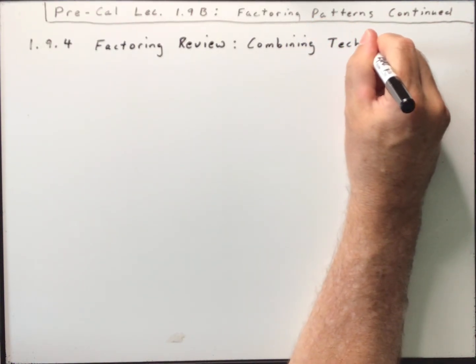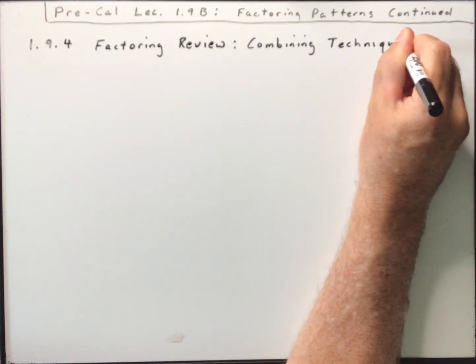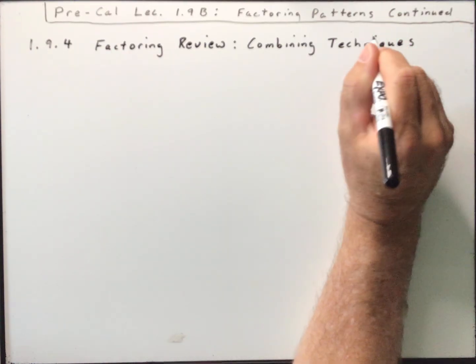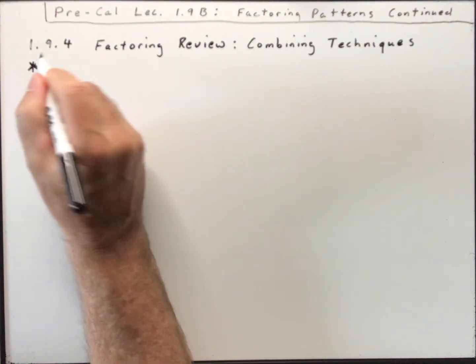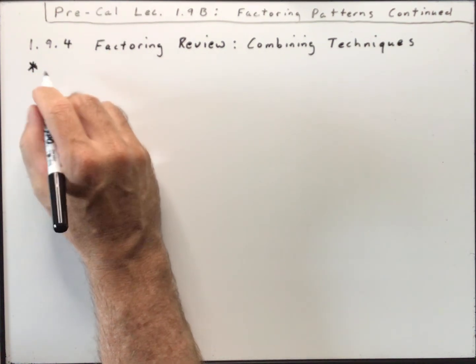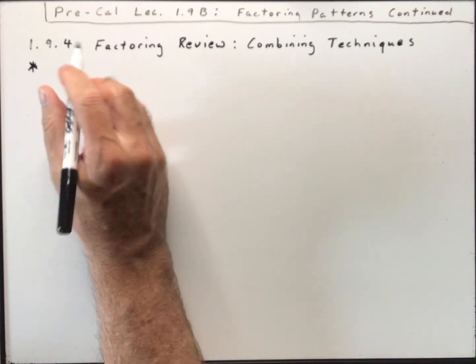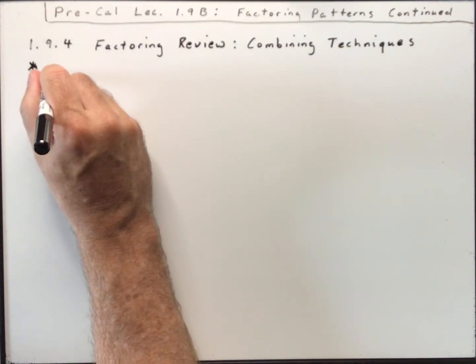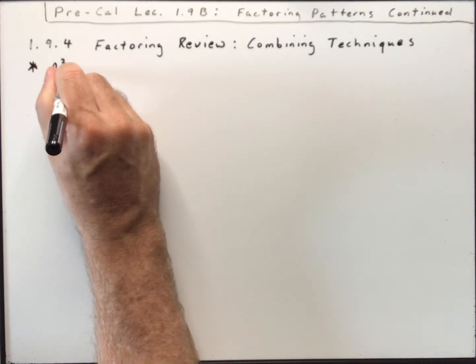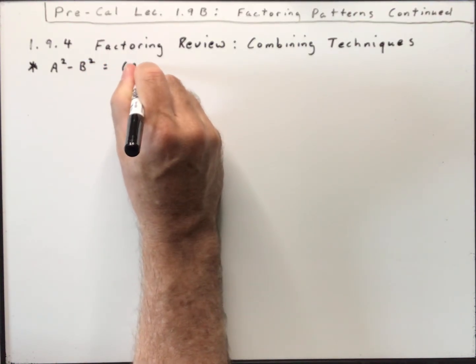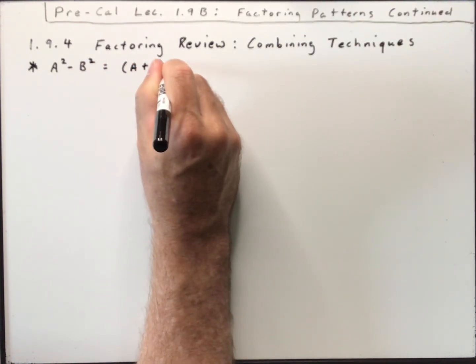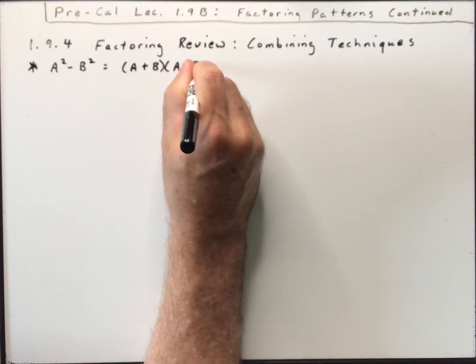So we're going to use more than one technique in each problem. So let's put up top, we're going to do some of our formulas. So first of all, the difference of two perfect squares. Let's say it's a squared minus b squared. Remember that factors into a plus b times a minus b, so that might be useful.